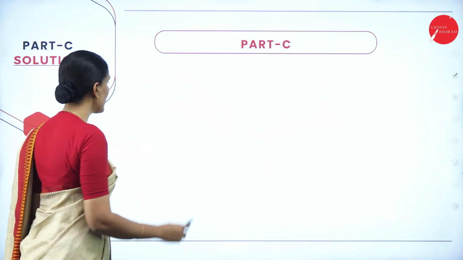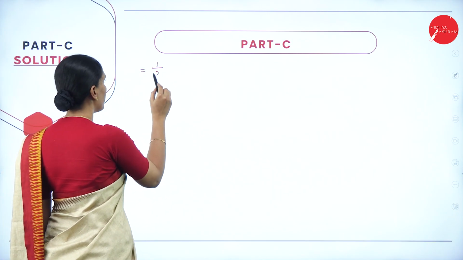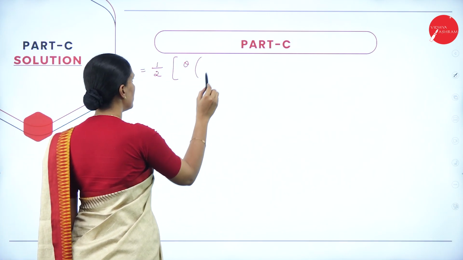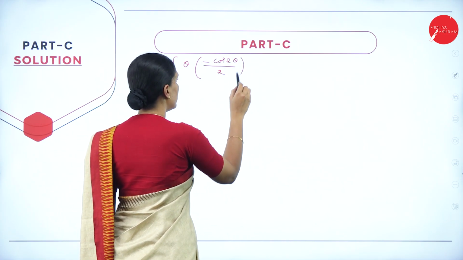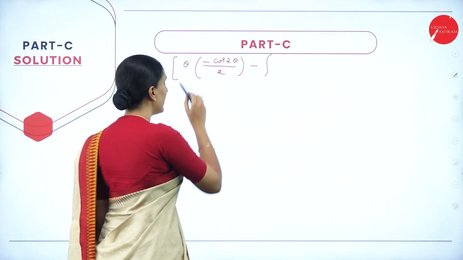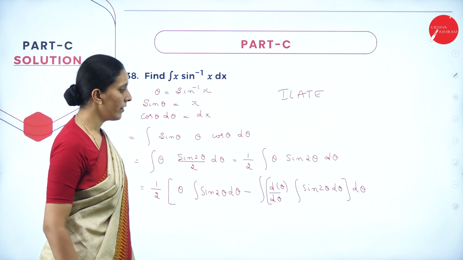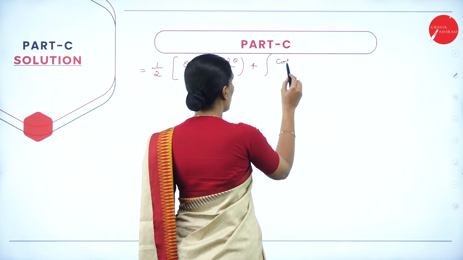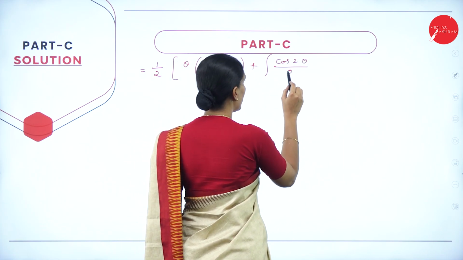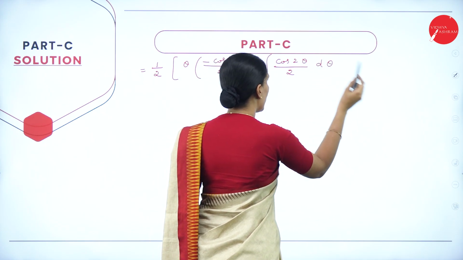So if we derive this, we have half theta minus cos 2 theta divided by 2 minus integral of derivative of theta is 1. Again integration of sine 2 theta becomes plus cos 2 theta by 2 with respect to d theta again.